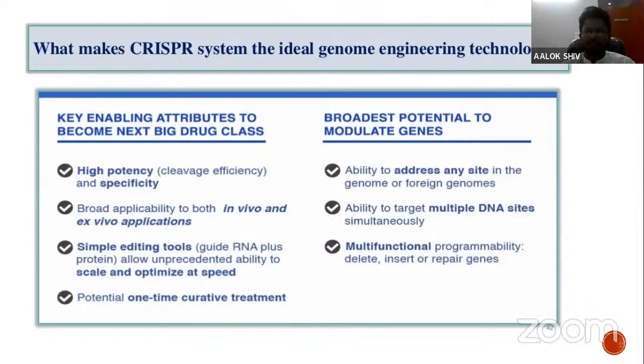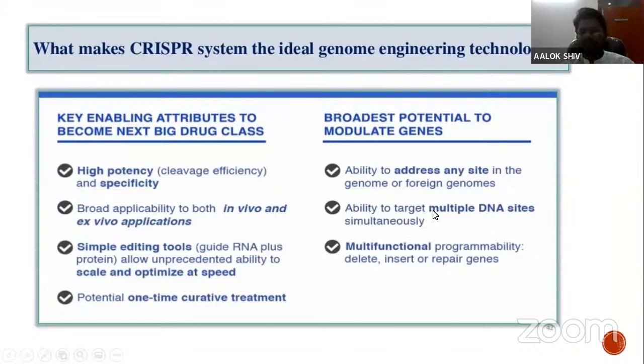But in case of the CRISPR-Cas system, in general, it is cleaving a particular portion that we identify. This is a simple editing tool, as I've discussed, and the main important point for the revolution.